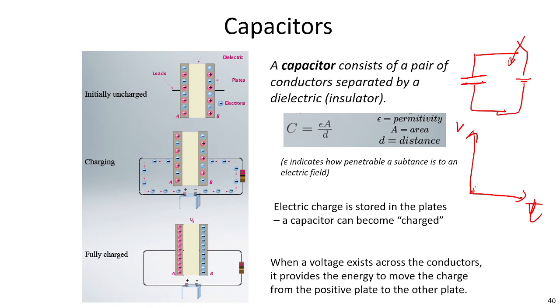It will increase to some value if you switch the voltage for a long time, for example 12 volt. After a long time, the voltage across the capacitor becomes 12 volt. It means that it acts as an open circuit.